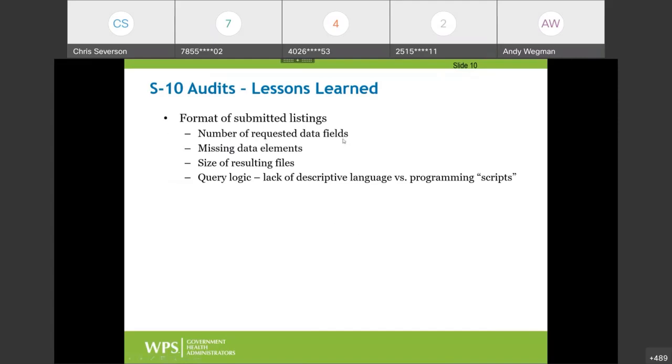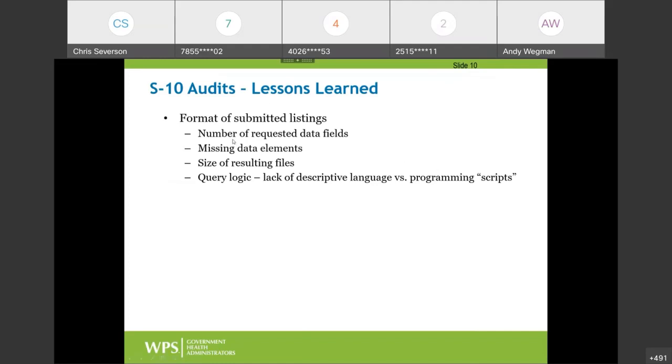One of the issues that has come up, that a lot of these things have been alleviated now, is the format of the listings we're getting to audit. There have been some concerns about the number of requested data fields. Do we really need all that data? I will tell you, CMS is looking in the next draft to eliminate at least a few of those fields that maybe aren't as important as they once thought they were. We don't know what the final version will look like.